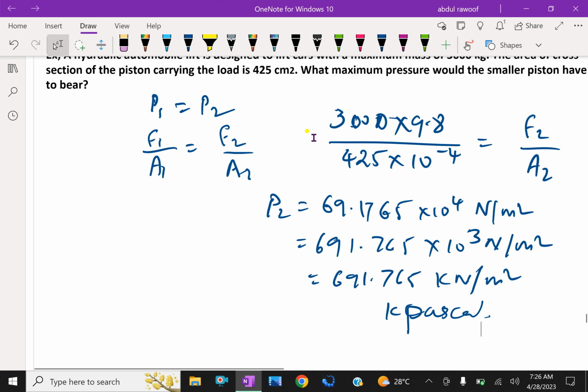That much kilopascal pressure the smaller piston can withstand.